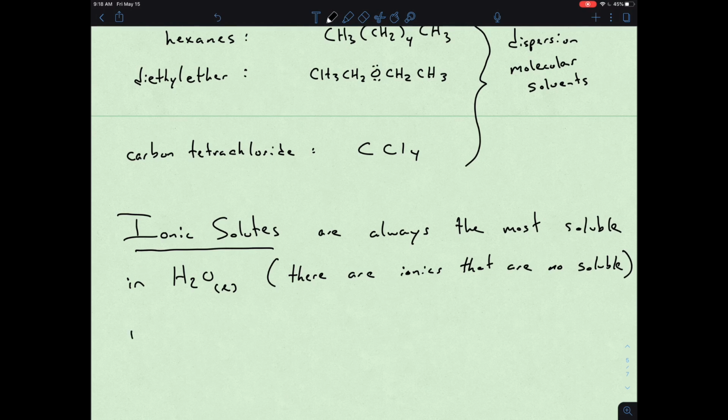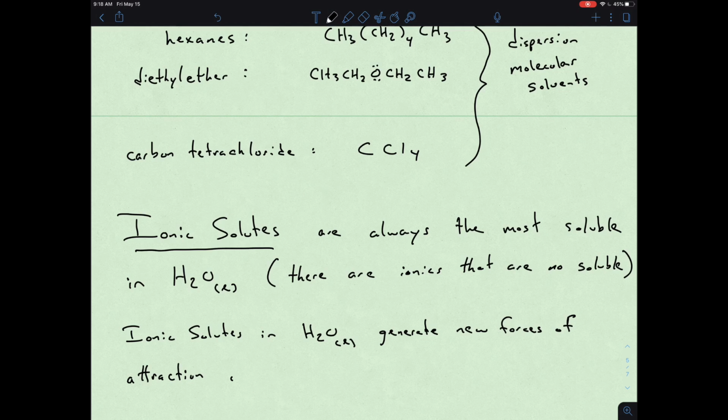And ionic solutes in H2O generate new forces of attraction, which is why ionic salts tend to be so soluble.